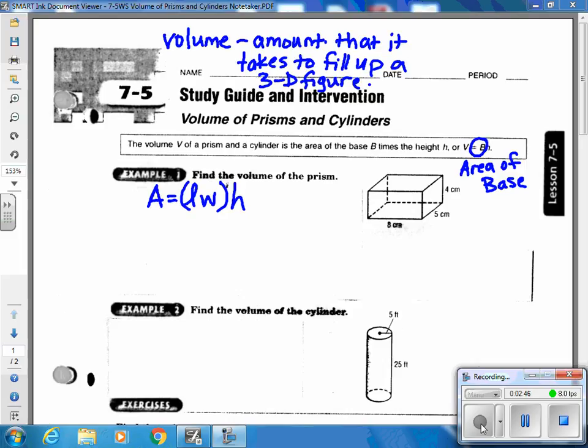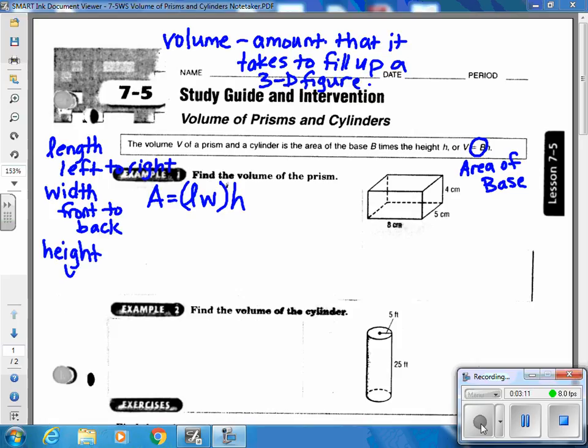Now remember, we've talked about this already once before, that your length is your left to right number. Your width is going to be your front to back, or your side piece, and then the height is the up and down.